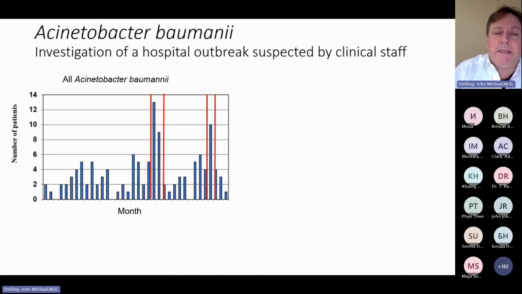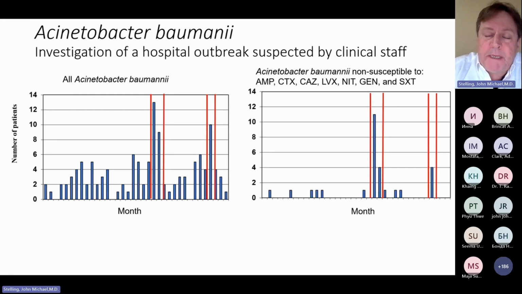It's also possible to take this graph with Acinetobacter baumannii and apply a filter. The suspected outbreak was Acinetobacter baumannii non-susceptible to many antibiotics. You see here that this is a graph for Acinetobacter baumannii resistant or intermediate to 7 antibiotics.